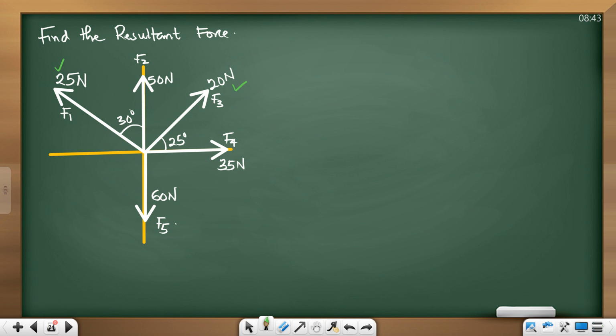So you don't resolve them. Are you with me, guys? You resolve F1 and F3. 2, 4, and 5 are already on the Y and the X axis. So for now, we won't touch them.